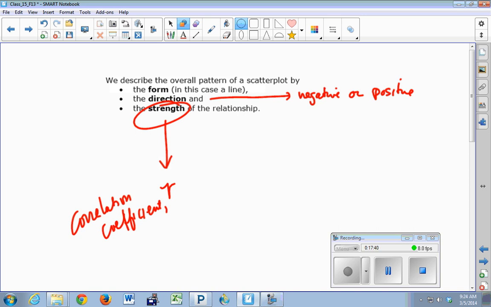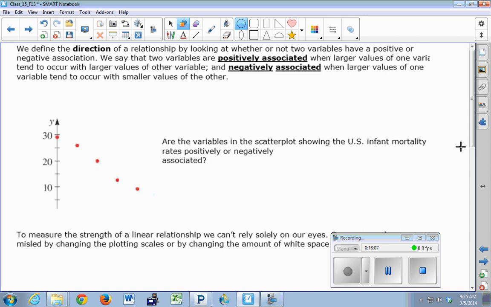When I took statistics back in the dark ages, everything you're seeing today that's being done by your calculator, from finding the least squares line to finding the value of this little thing that tells us how strong that relationship is, I had to grind out by hand with very large data sets. So don't say that you have a lot of work to do, because it's a lot less with technology. This is where the technology helps us.